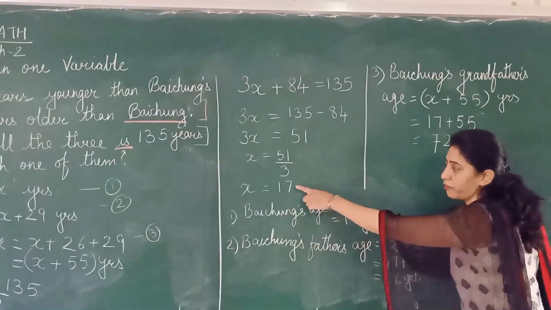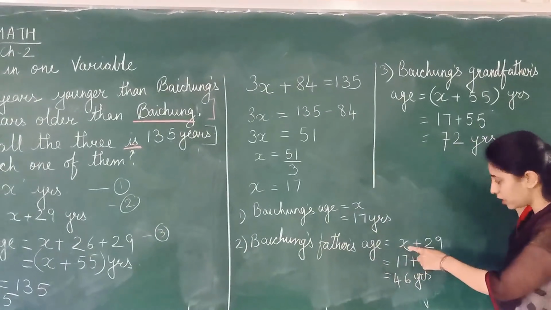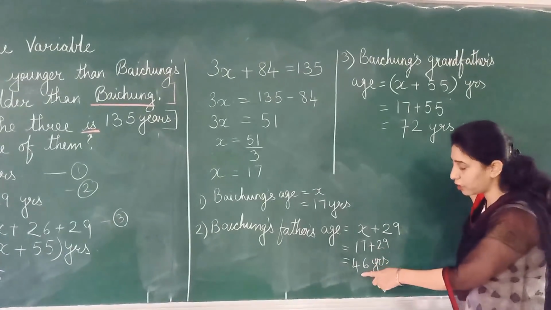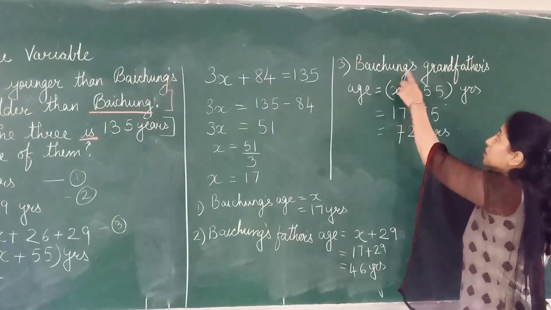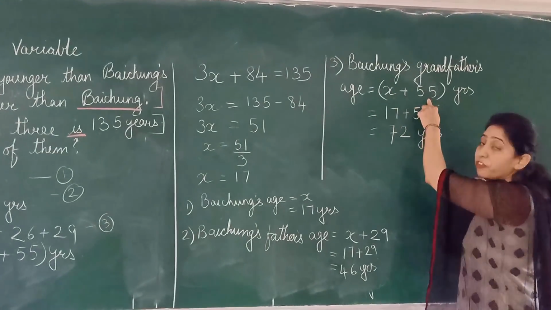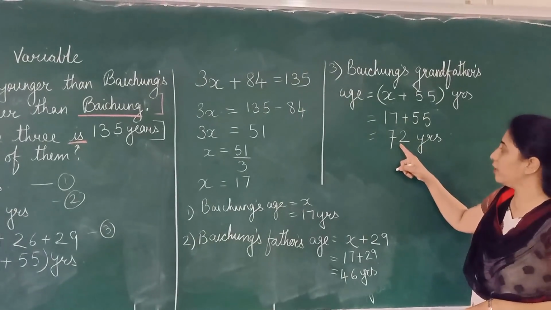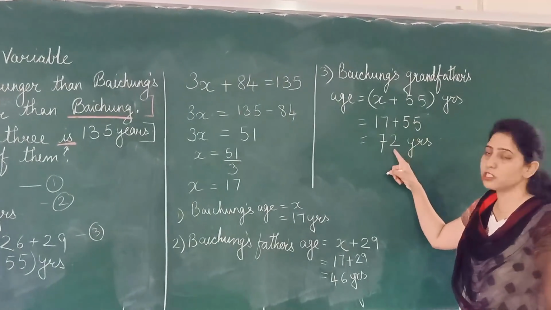Okay. So Baijan's age is x is equal to 17 years. Baijan's father's age is x plus 29. Only substitute the value of x, 17 plus 29, 46 years. And Baijan's grandfather's age is x plus 55. So only substitute the value of x as 17 and 17 plus 55 is your 72 years.